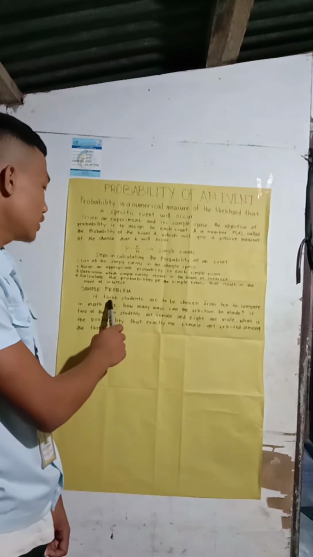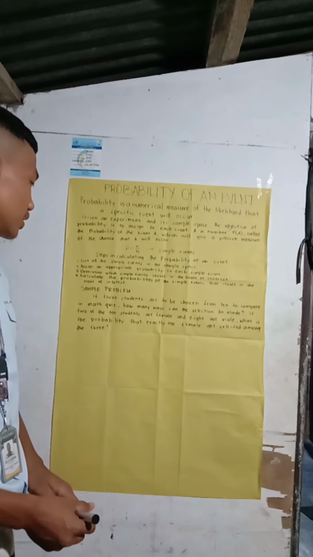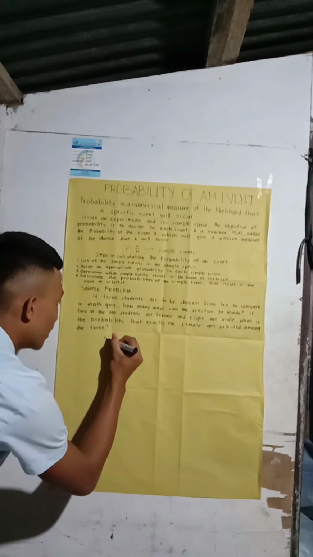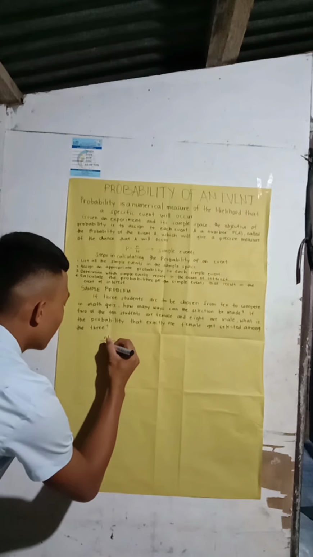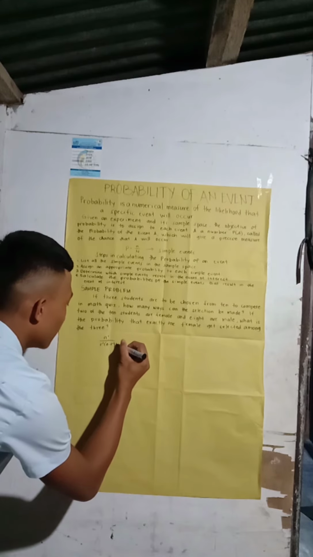First, we are asked to find the ways that 3 students can be selected from 10 to compete in a math quiz. To solve this, we will use combinations since order is not important. The formula for combinations is n factorial over r factorial multiplied by n minus r quantity factorial.